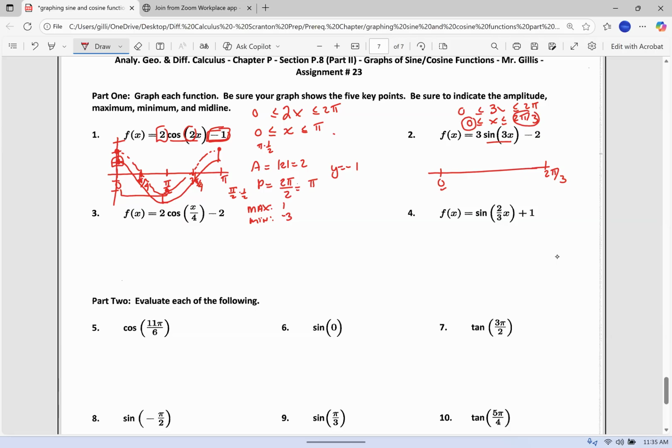I'm going to add these, which is 2 pi over 3, times it by 1/2, which is pi over 3. 0 plus pi over 3 is pi over 3, times 1/2 is pi over 6. So that's 1 pi over 6, 2 pi over 6, 3 pi over 6, and that would be 4 pi over 6. Then the y equals 0.